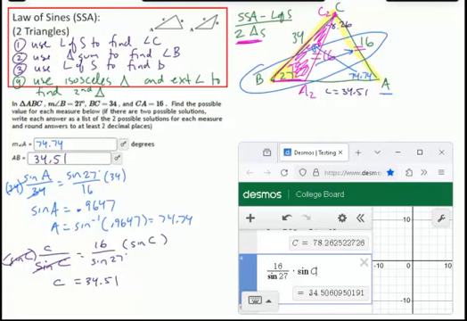Okay, and so to solve this triangle, I can go back and use all the same information. So let's say we come back here. If I know that this angle A is 74.74, and this is an isosceles triangle, what does this other angle here have to be?